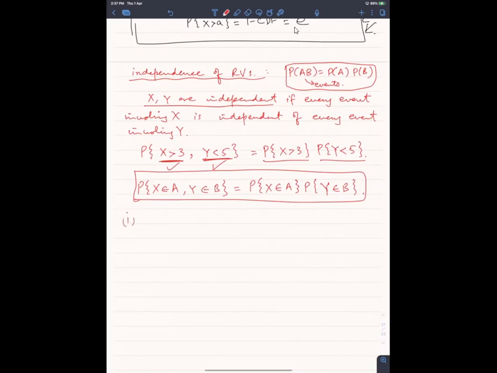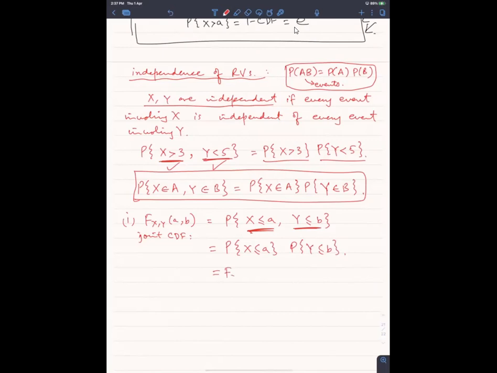The implication is that, first, let's look at F_XY(a,b), the joint CDF. What was the definition? This was probability x less than or equal to a and y less than or equal to b. This is an event involving X, this is an event involving Y. If X and Y are independent, then this must be probability X less than or equal to a times probability Y less than or equal to b.